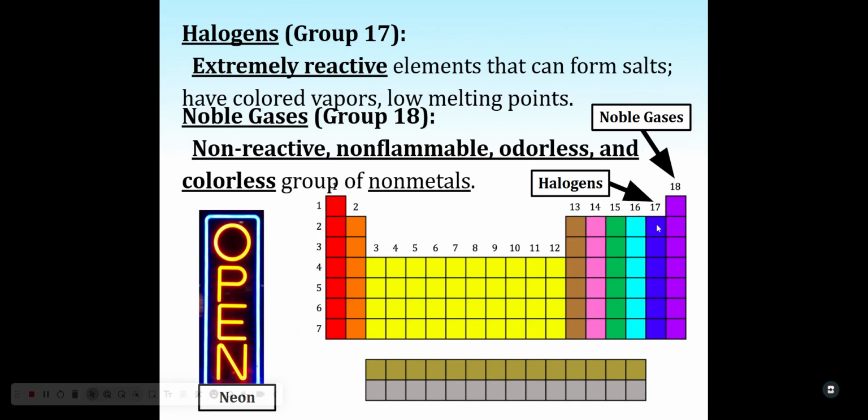Group 17 are halogens. They are extremely reactive, often with these guys and these guys. And they form salts. They have colored vapors and low melting points.